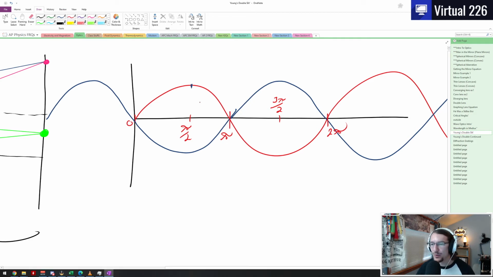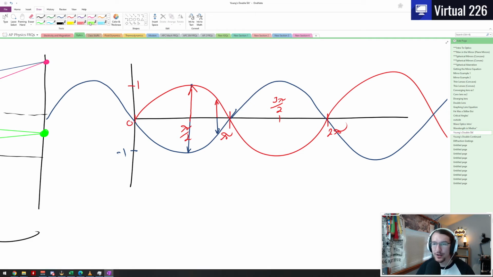If I were to add these waves up, the red wave would go up here, and let's say it had a maximum value of 1, an intensity of 1. Well, if I add that to the blue wave when it's at its minimum of -1, well, 1 plus -1 gives us nothing. And if we do this all throughout the waveform, we see that we're always going to have opposite values everywhere.